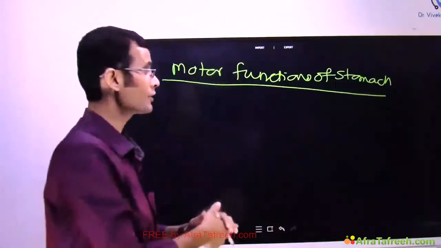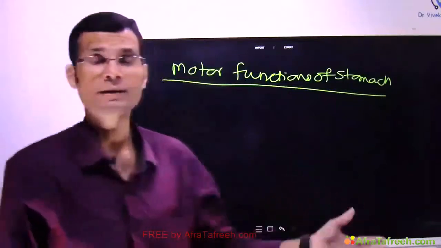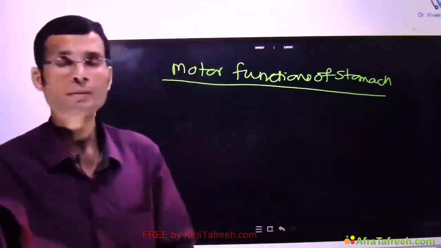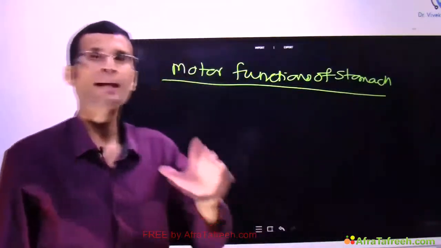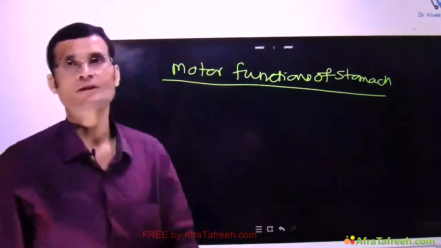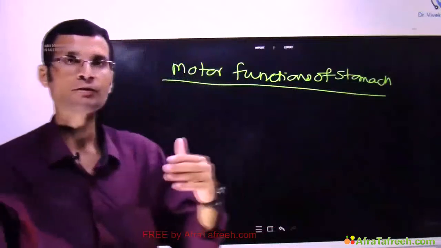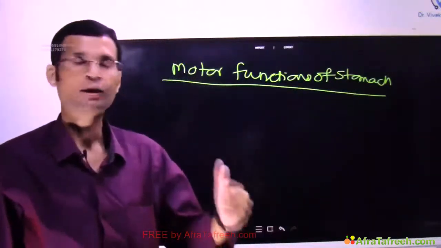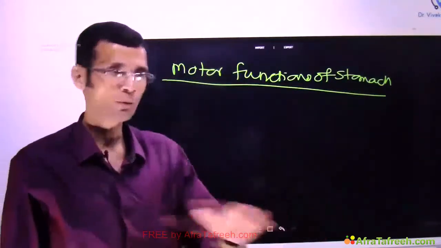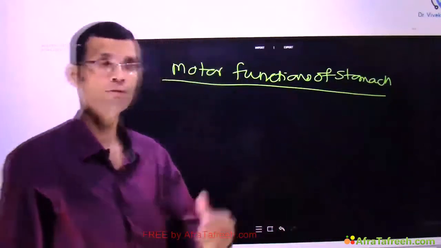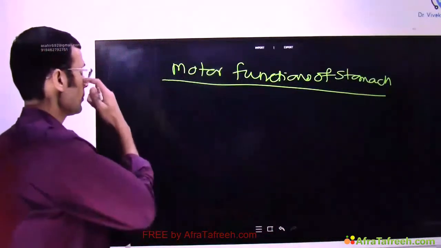There are so many functions, motility, storage, secretions, etc. The stomach is not essential to life except for one function, and that is the secretion of intrinsic factor of Castle for absorption of B12.